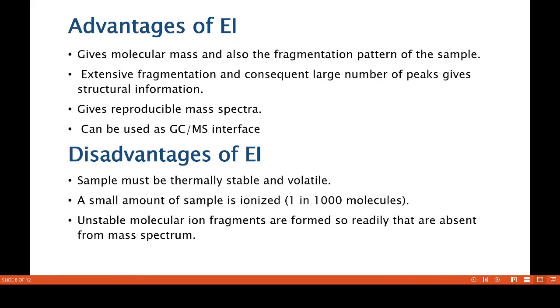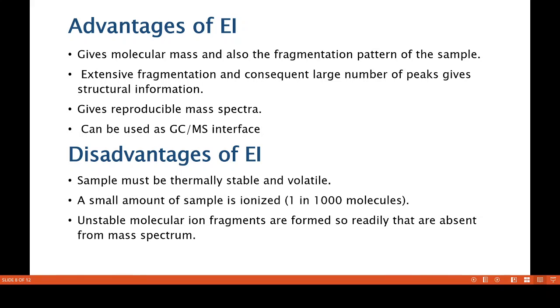The second advantage is that a large number of fragmentations are observed. Due to this large number of peaks, we get structural information of the unknown compound. The third advantage is that it gives reproducible mass spectra. And the last advantage is that it can be used as a GC-MS interface.